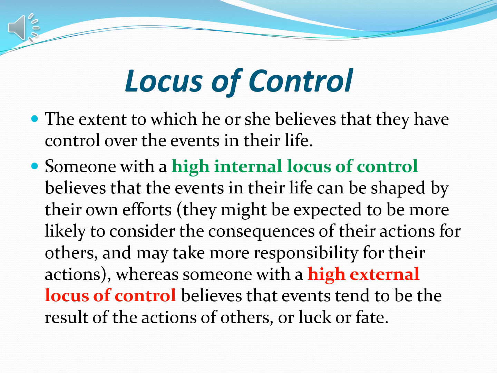Someone with a high internal locus of control believes that events in their life can be shaped by their own efforts. They might be expected to be more likely to consider the consequences of their actions for others, and may take more responsibility for their actions, whereas someone with a high external locus of control believes that events tend to be the result of the actions of others and luck or fate.